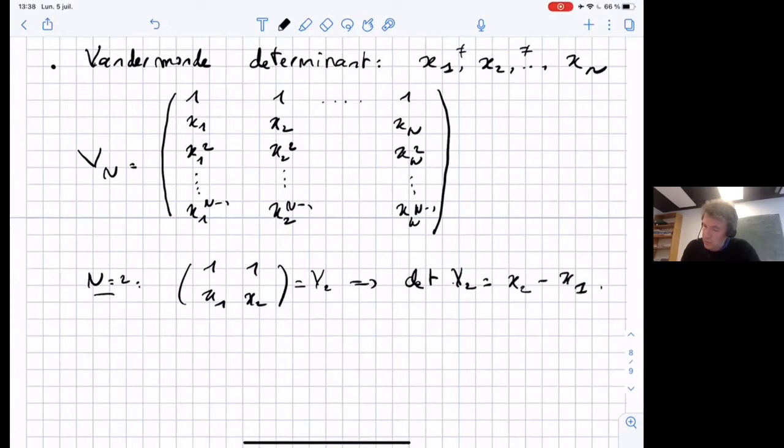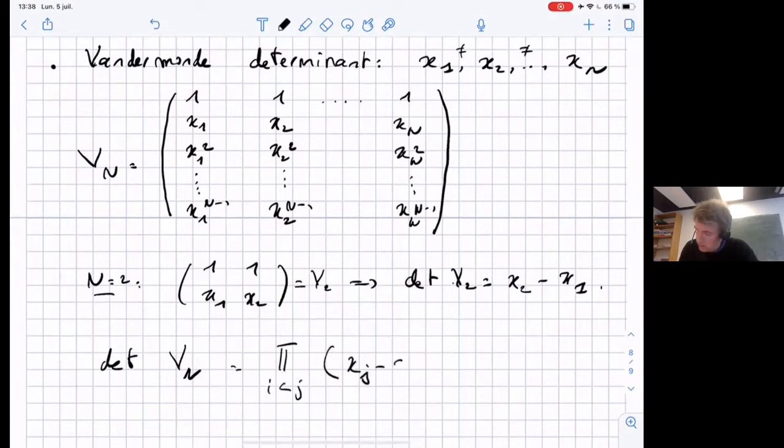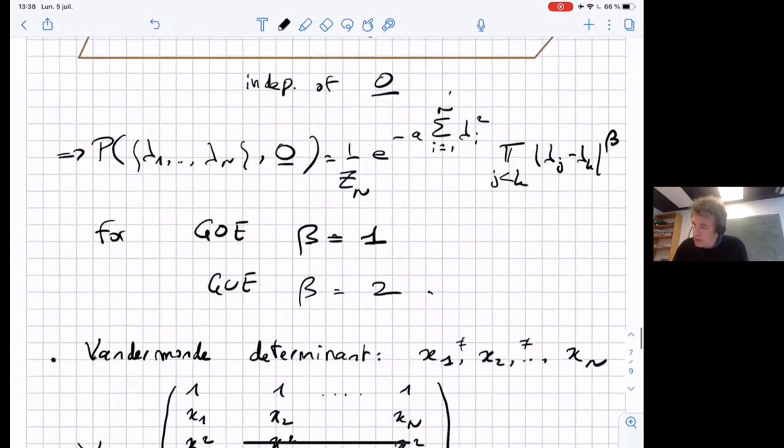It turns out that for Vn, it's a standard exercise in linear algebra. I'm sure that many of you have done that. This is just the product over i less than j of xj minus xi. So that means that this term here is just the absolute value of a Vandermonde determinant.